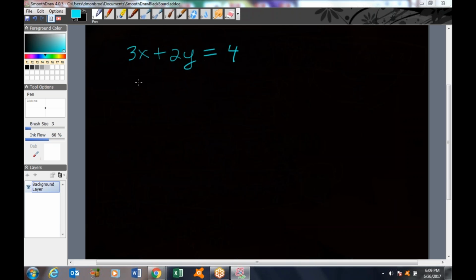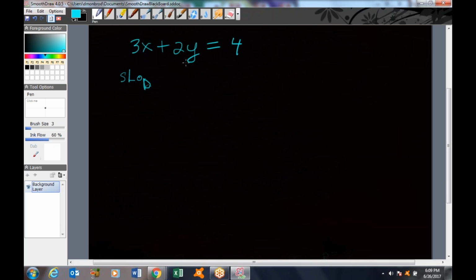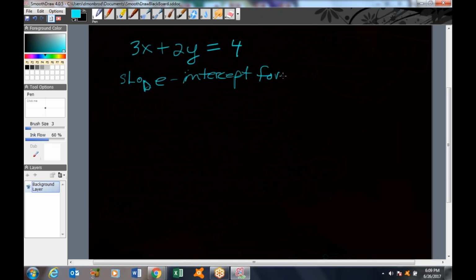First thing is we're going to put it into another special form. It's called the slope-intercept form.